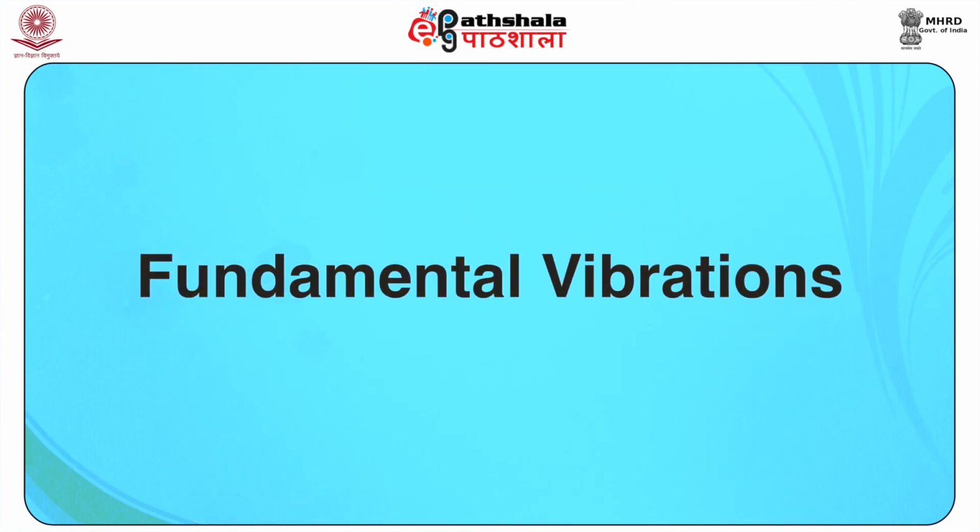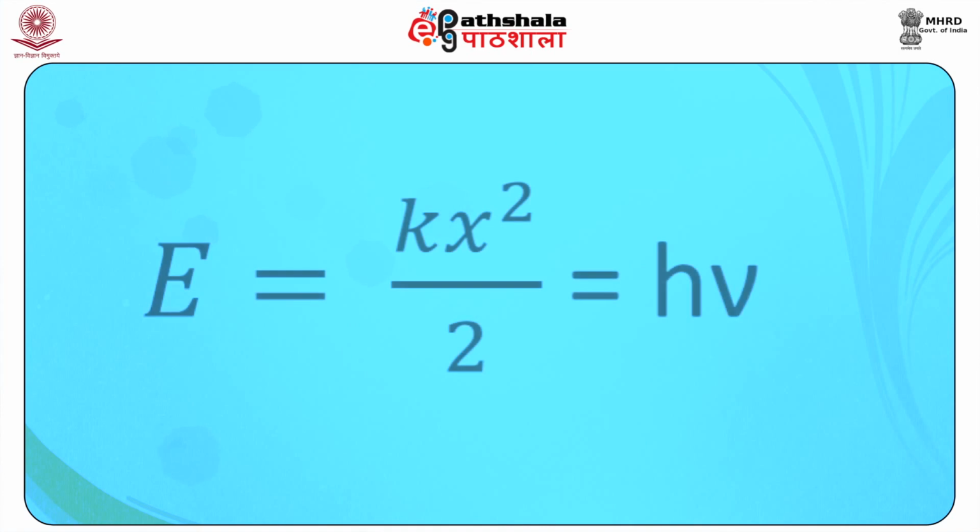Now, coming on to the fundamental vibrations. In the classical harmonic oscillator, the energy is described as half kx square is equal to h nu, where x is the displacement of the spring.